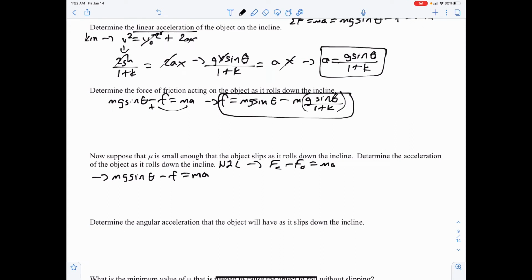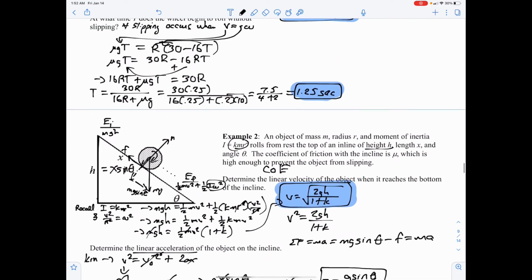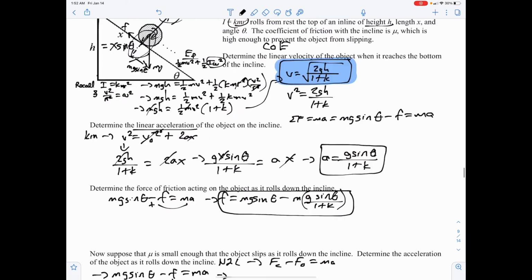Now, at this point, let's see. It's mu, friction is mu times normal force, right? And the normal force, go back up to the picture, the normal force balances mg cosine going into the plane.